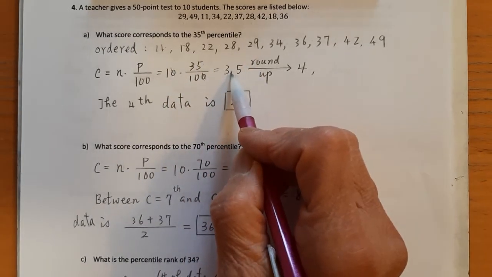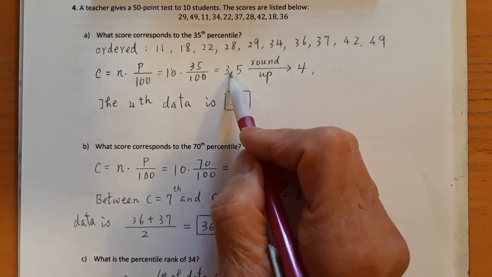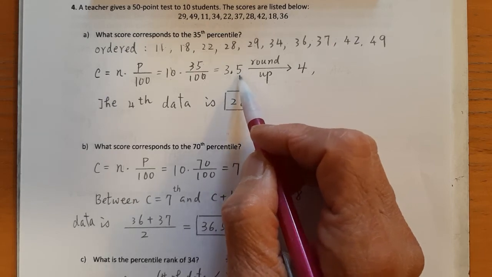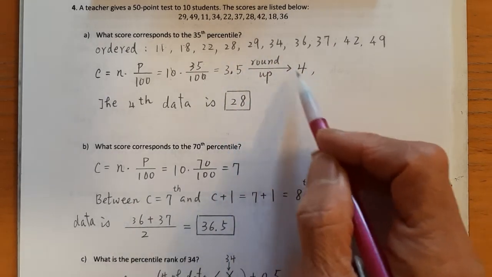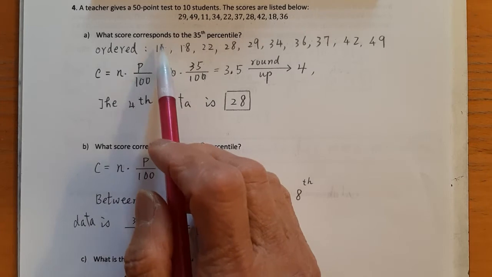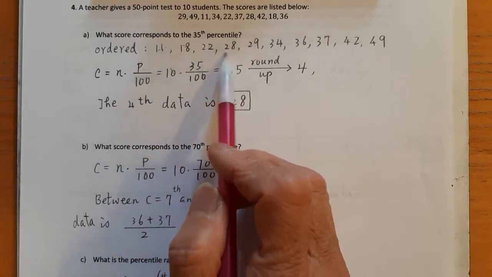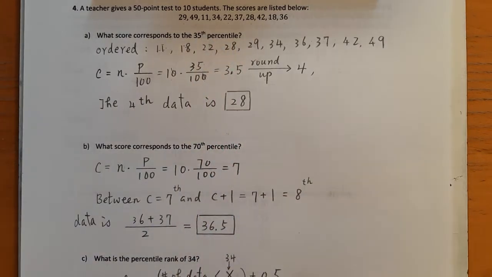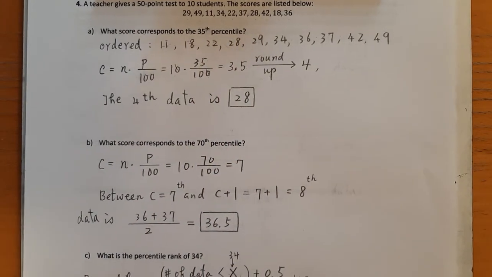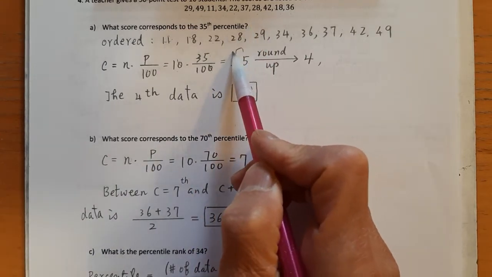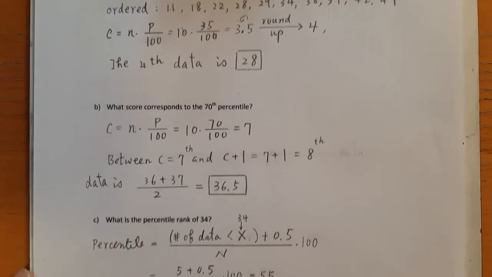Then you always round up, so you get 4. The corresponding data is the fourth data: 1, 2, 3, 4. That is 28. So 28 is the 35th percentile. If it is a decimal number, you always round up.